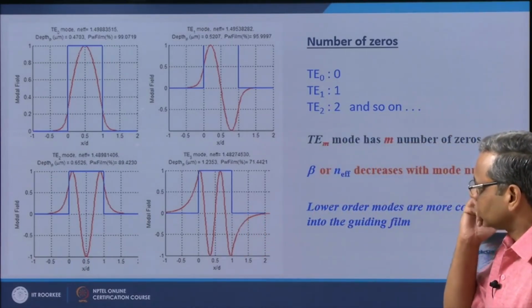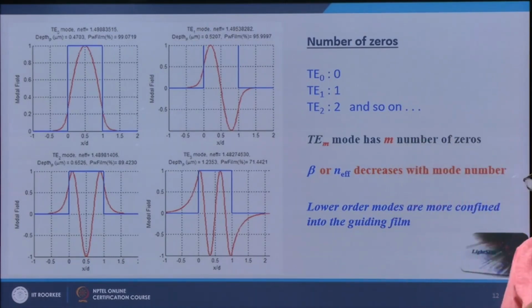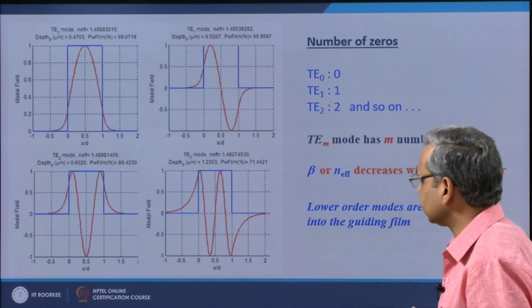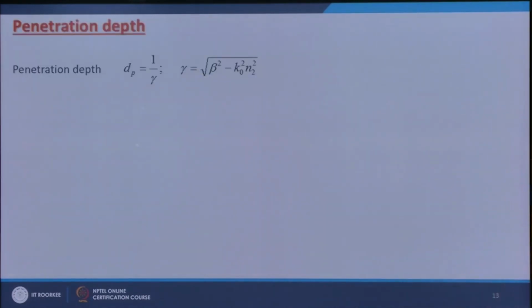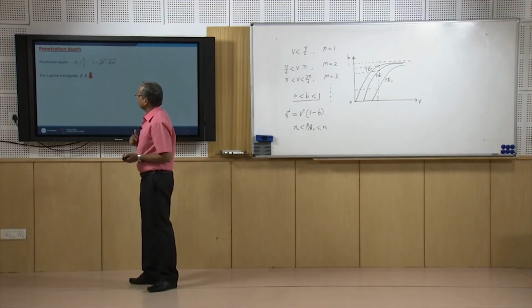So if the mode number increases, then the corresponding confinement in the core decreases. I can see the effect of this penetration depth.